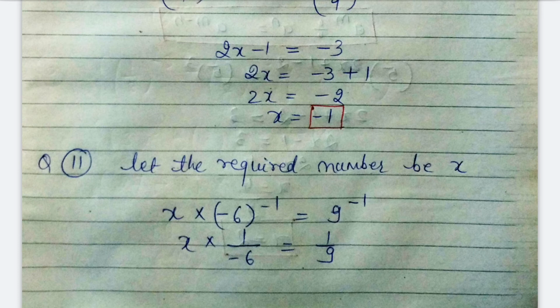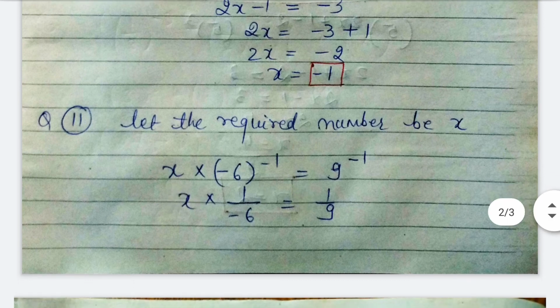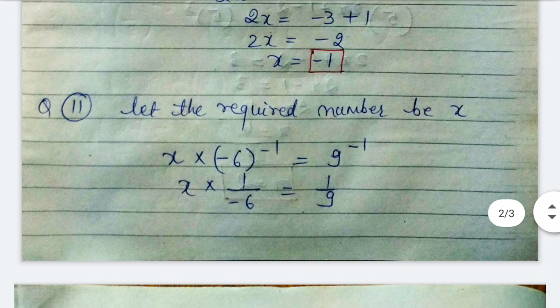Next is your question number 11. By what number should minus 6 to the power minus 1 be multiplied so the product becomes 9 to the power minus 1? Okay, we don't know the number, so let the required number be x, and x is multiplied with minus 6 to the power minus 1 and we will get the product as 9 to the power minus 1.